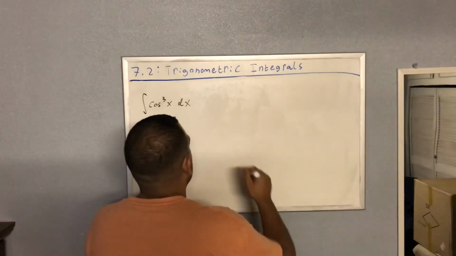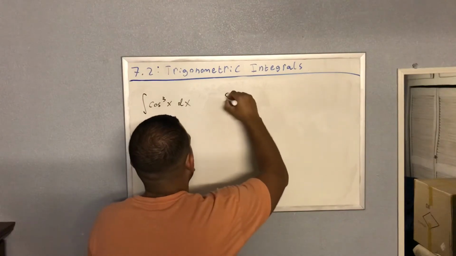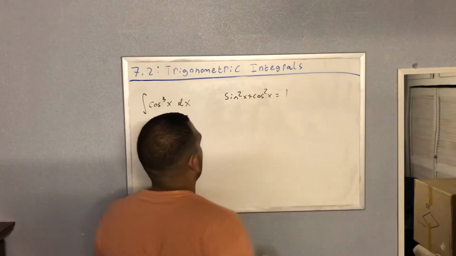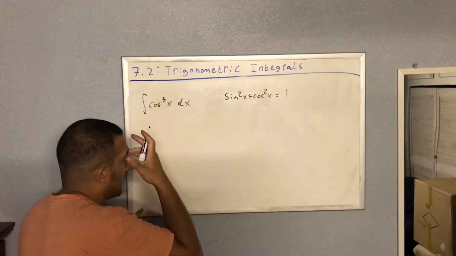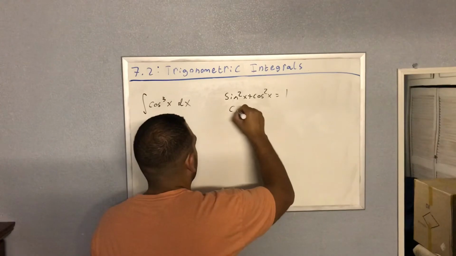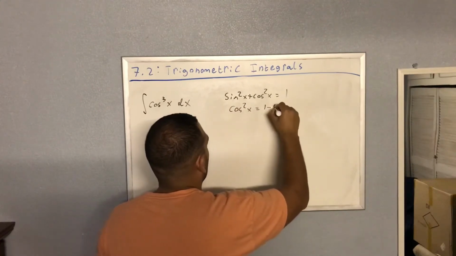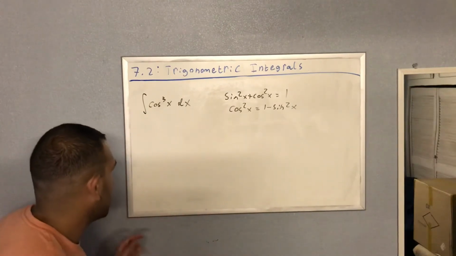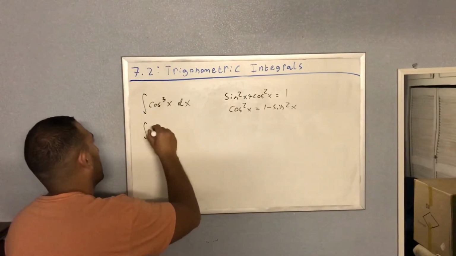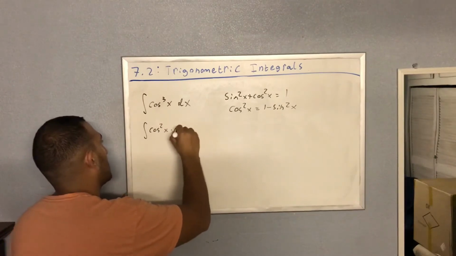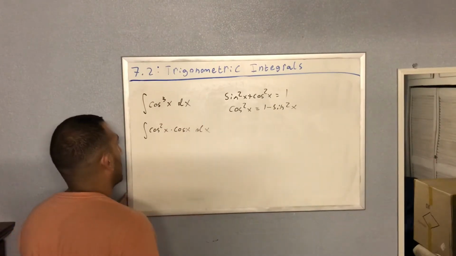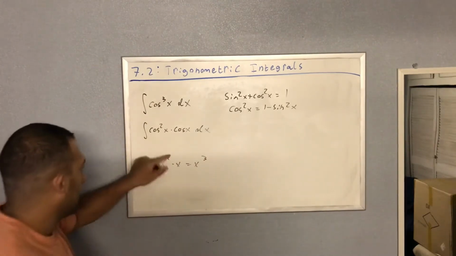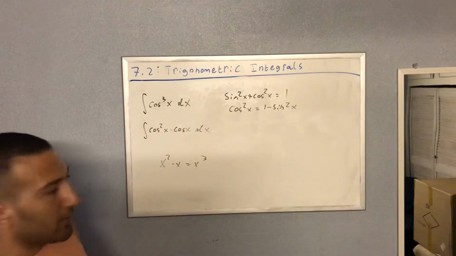So step one is we're going to use the fact that sine squared x plus cosine squared x equals 1. And then when we subtract sine squared, we see cosine squared is 1 minus sine squared x. So we're going to use this. How are we going to use it? We're going to rewrite the integral as cosine squared times cosine, right? If you have x squared times x, that's x cubed, where x in our case is cosine.